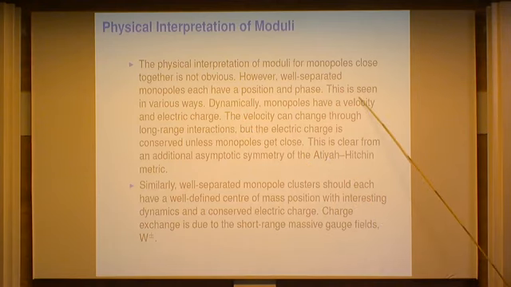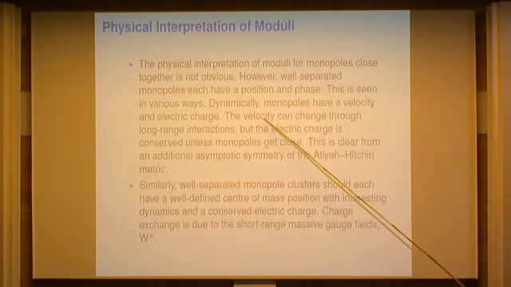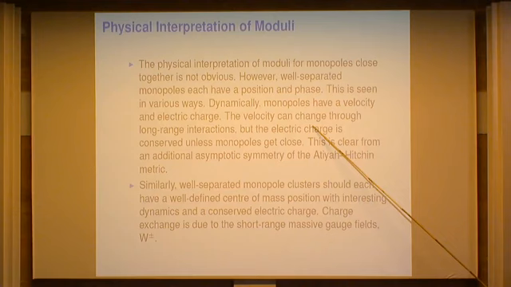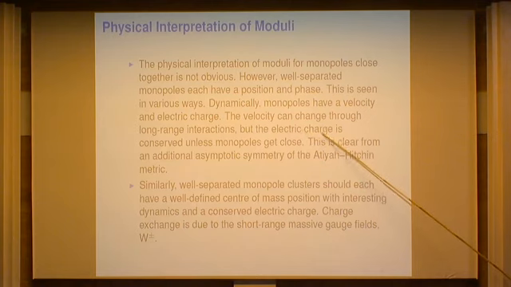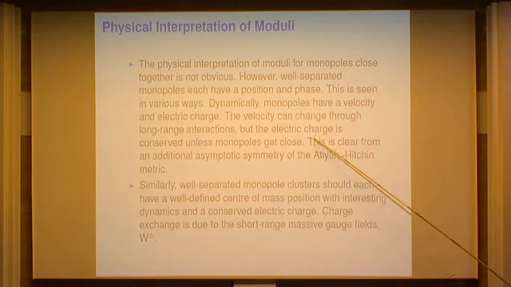Dynamically, these monopoles have a velocity and an electric charge, and when there's more than one monopole, the velocity can change through long-range interactions. But here's an important point. The electric charge of a monopole is conserved unless the monopoles get close. So asymptotically, there's no interaction that changes the electric charge of a monopole.